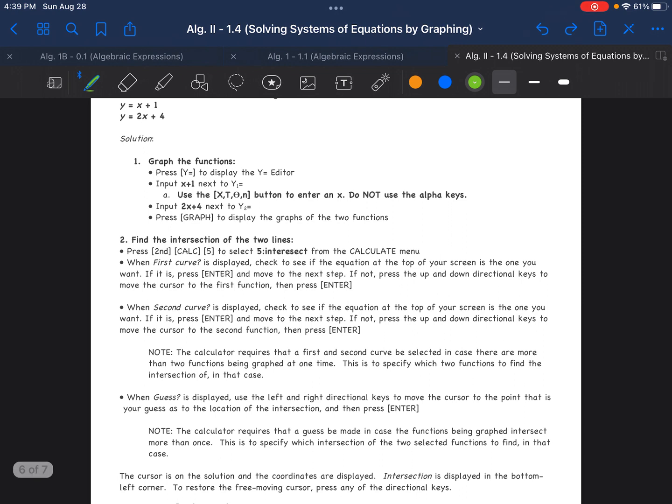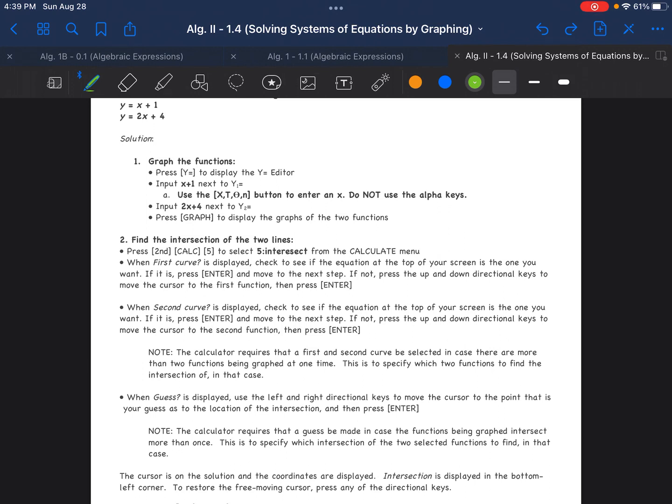It'll walk you through, hey, first curve, second curve. All it's doing is making sure, hey, first curve is on one of the lines. And then if it is, hit enter. And if you can't tell, hit the left and right arrows to move the cursor so you can actually see which line it's on. Once it's on the line you want, hit enter. And then it'll say second curve. And you do the same thing and just make sure it's on the other one.